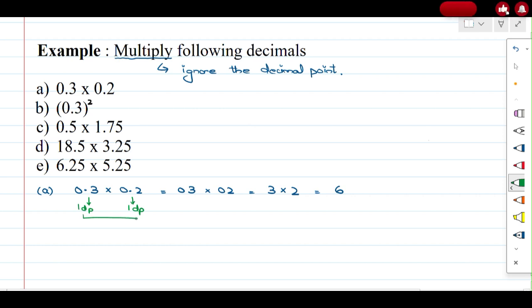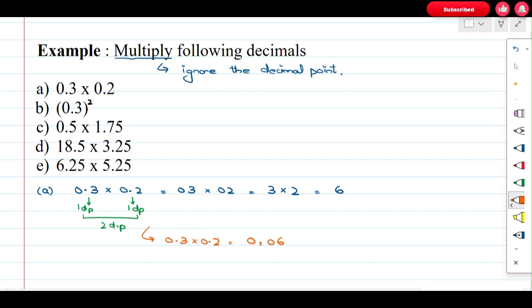So altogether there are two decimal places, so the answer should be in two decimal places.